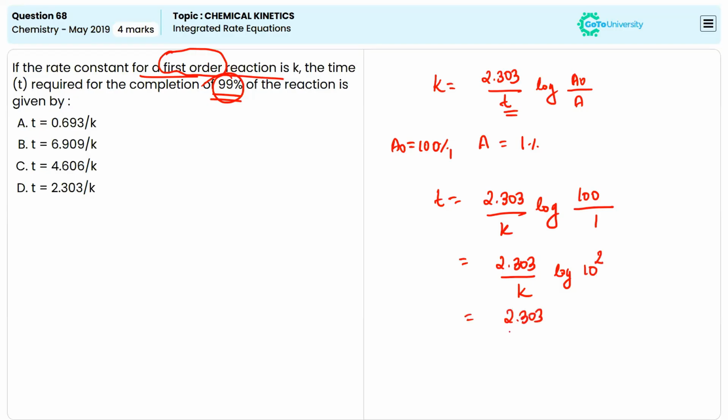So it will be 2.303 by k logarithm of 10 to the power 2, which is 2 only. So we can write 2.303 times 2, that will be 4.606 divided by k. So the correct answer is C.